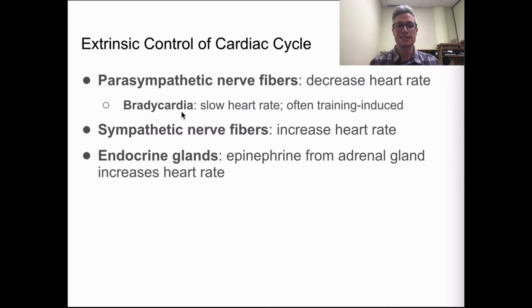Semi-regularly, 50 is pretty common for a fairly well-trained individual who participates in endurance activity quite a bit. And just a side note, that's actually a really good thing, because it goes to show how efficient the heart is. And we'll talk a little bit more about that when we get to cardiac output.